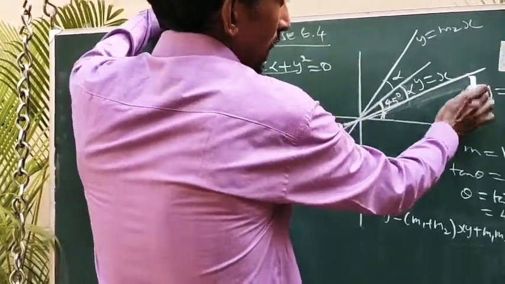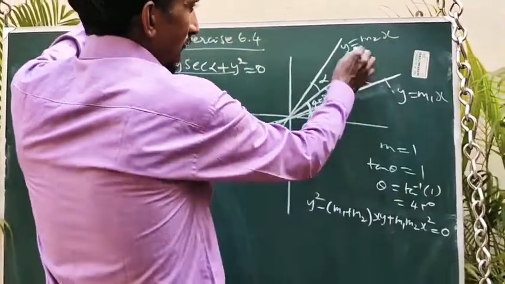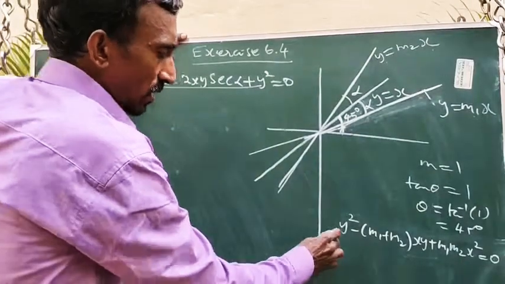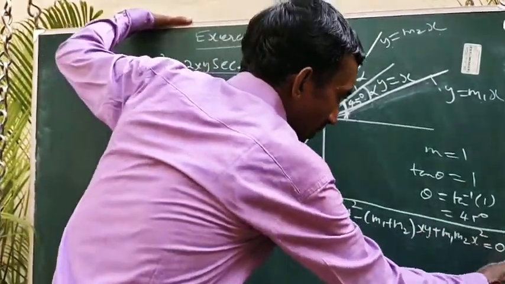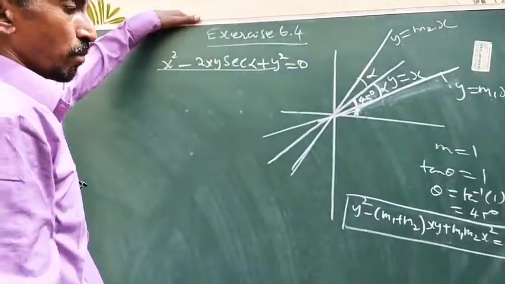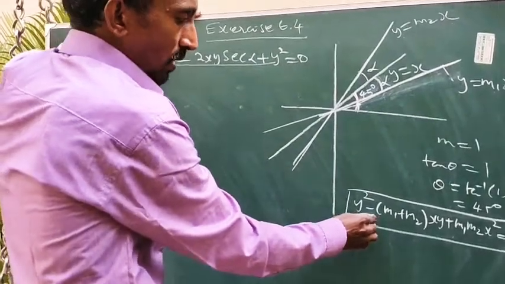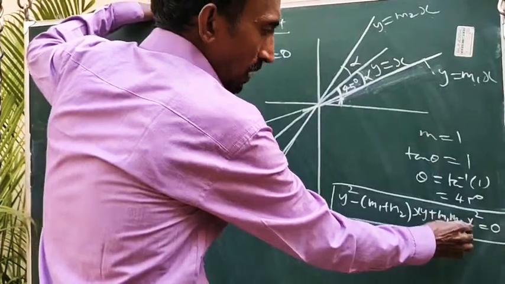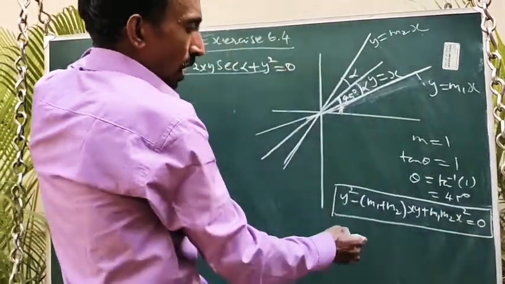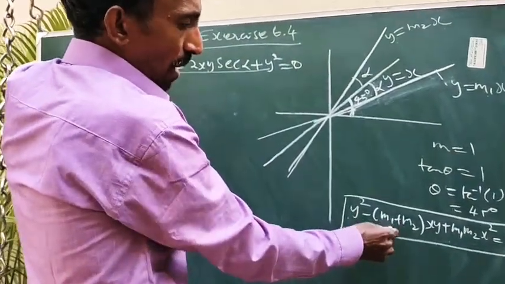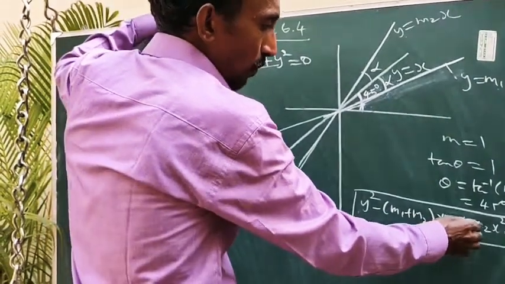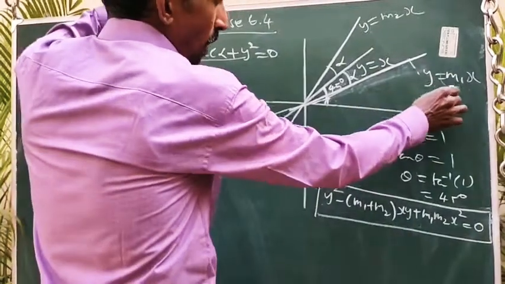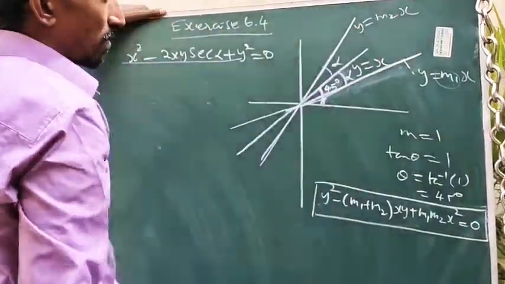If you take the first one as y equal to m1x and the second as y equal to m2x, in your book the formula is given, then the pair of lines is denoted by y square minus (m1 plus m2) into xy plus m1 m2 into x square equal to 0. That is y square minus sum of the roots into xy plus product of the roots into x square equal to 0. So m1 is the slope of the first line, m2 is the slope of the second line.